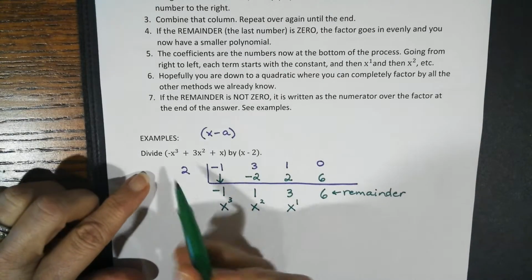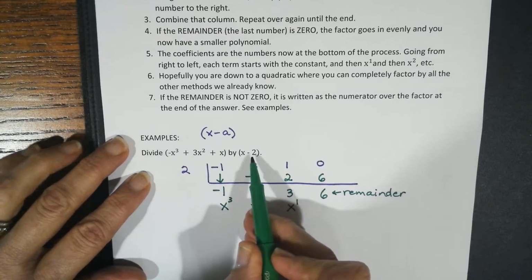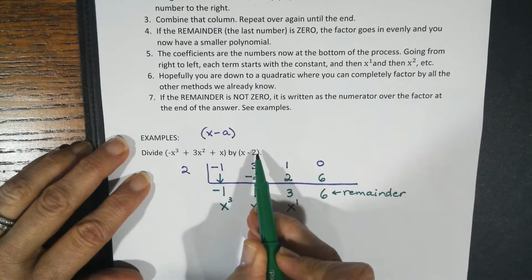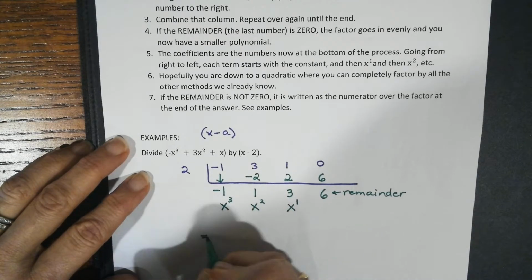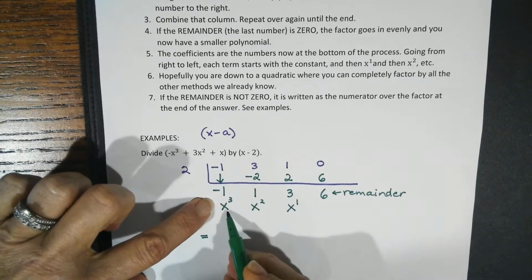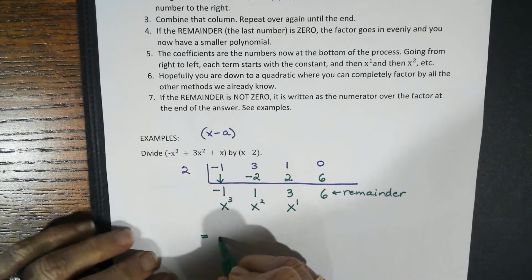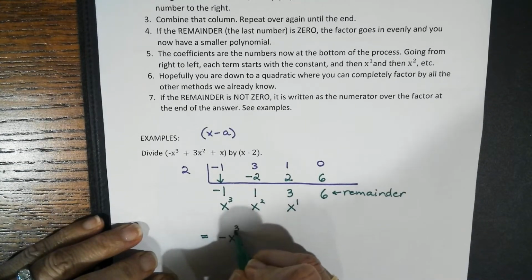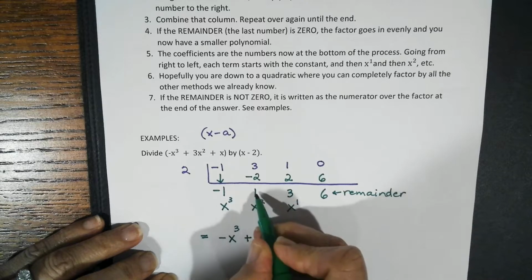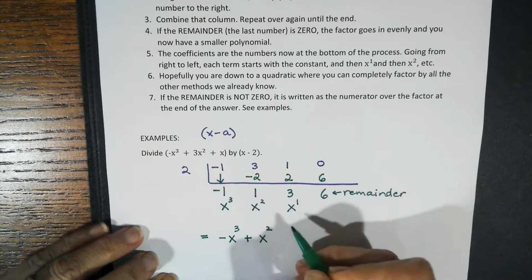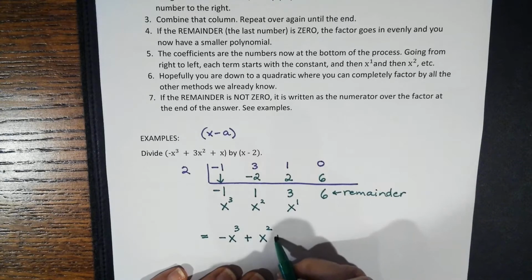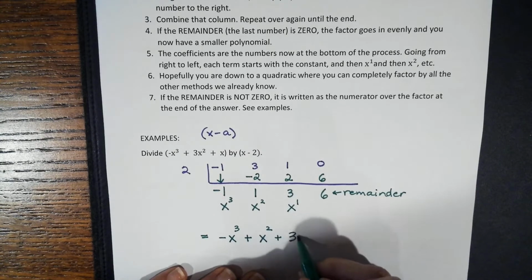So when I do this big polynomial divided by x minus 2, then the answer, if I did it long division, is equal to, this is the coefficient in front of my x cubed. So it's negative x cubed plus, because this is a positive 1, and that's a 1x squared. And this is going to be a plus 3 in front of an x to the 1.